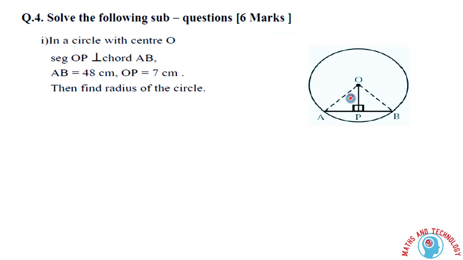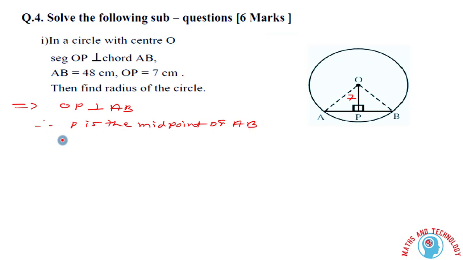We know OP is perpendicular to AB, so P is the midpoint of AB, because we know a perpendicular drawn to the chord from the center of the circle bisects the chord. So P is the midpoint of AB.